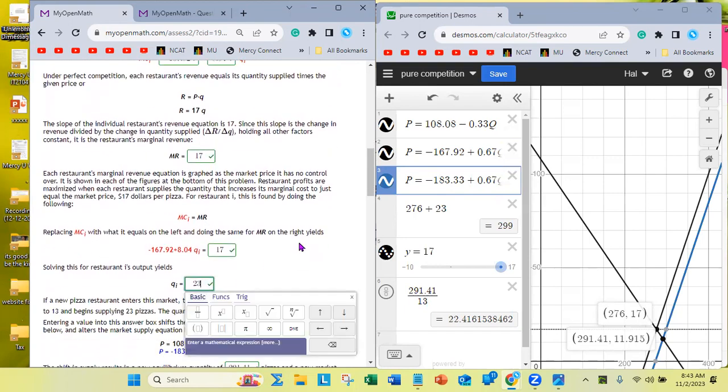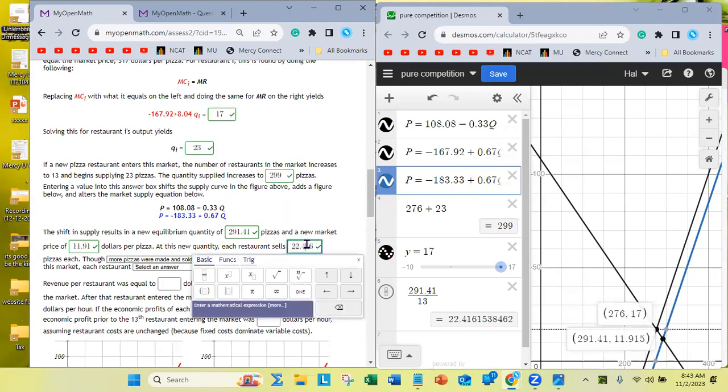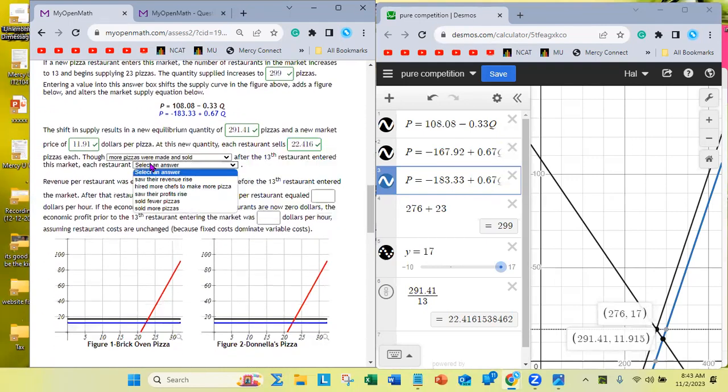This is what each of the 12 firms supply before the 13th enters the market. So what happened to the quantity supplied? Okay, so saw the revenues rise, hired more chefs to make more pizzas? They didn't make more pizzas. Saw their profits rise? We don't know. Sold fewer pizzas, right?